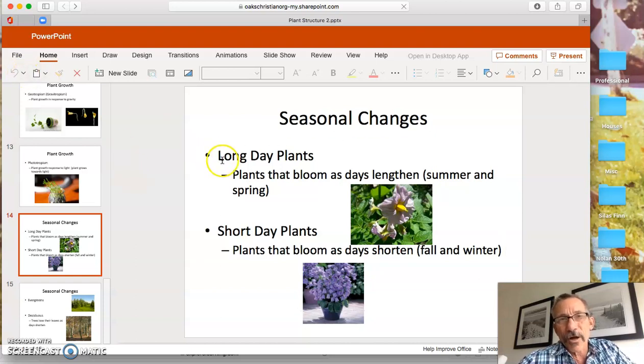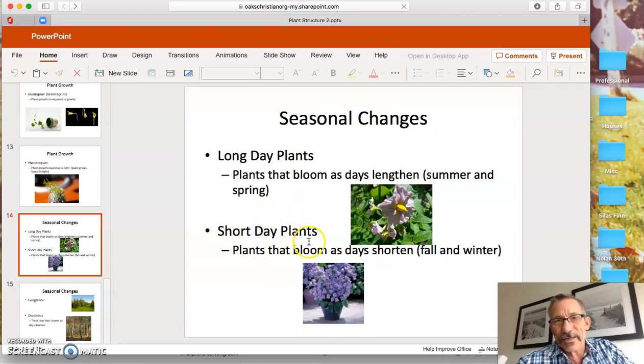So a long day plant is a plant where the plants bloom as the days get longer. So I'm sure you're noticing now, it's May 9th. Days are getting longer, and there are certain flowers that are starting to bloom that you'll see blooming in the summer and the spring. And on the opposite time of the year, we actually have what are called short day plants.